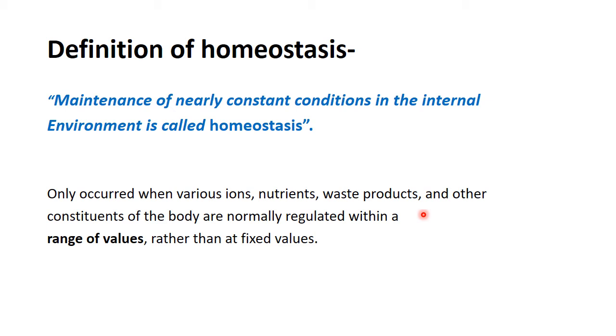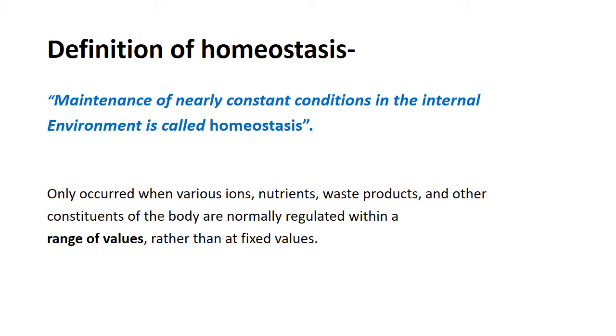Why do we say again and again constant condition? Because values must be in a range, very important, rather than fixed values. Suppose we say pH of 7.3 to 7.5, it is a very narrow range rather than 7.4, because our cells can work between 7.3 to 7.5.